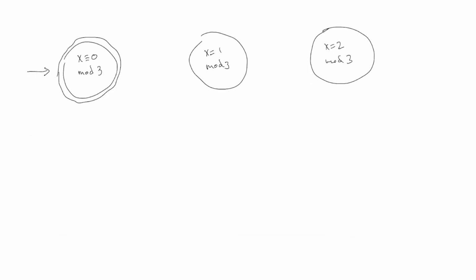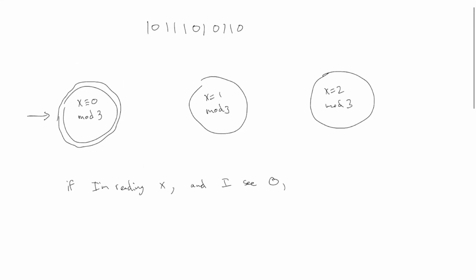And what we said last time is if I'm reading some number x and I see a 0, since you're reading left to right, say you read these first 5 characters, and that represents some number, and then you tack another 0 onto the end of it. The effect of that is to multiply this number by 2. That's because this is how the binary system works. When you tack a 0 onto the end of a number, it has the effect of multiplying by 2. Just like in base 10, if you put a 0 on the end, it multiplies by 10.